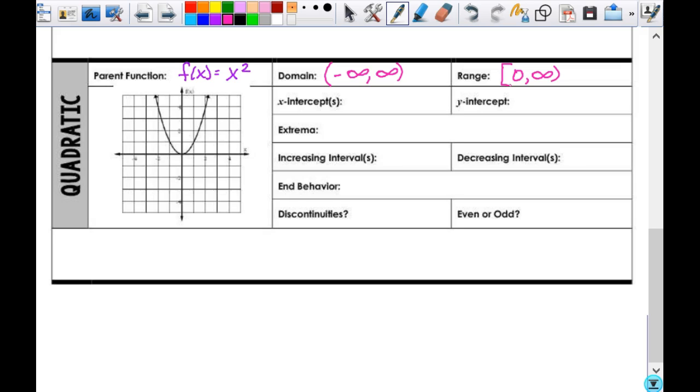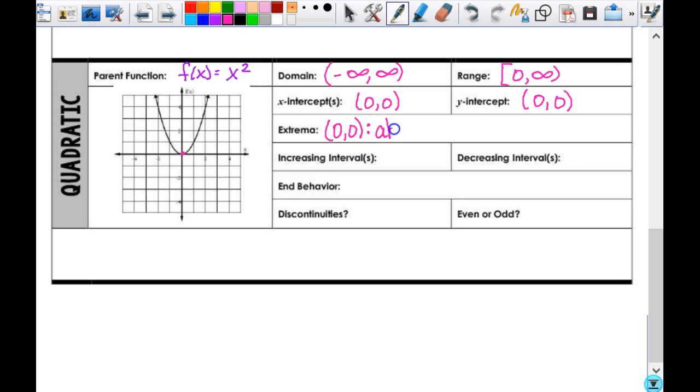Okay, what's your x-intercept? 0, 0. And what's your y-intercept? 0, 0. Do we have any extrema? We have how many? Just one. So that one right there, that is 0, 0. And what is it?